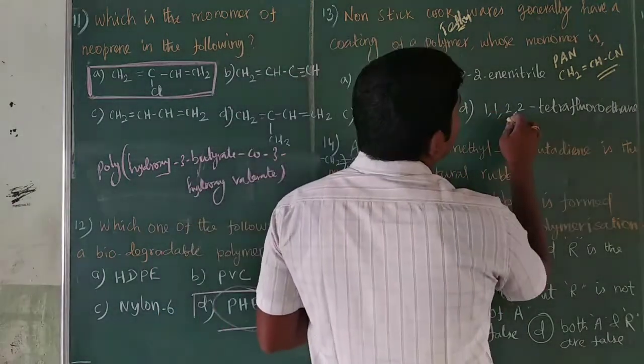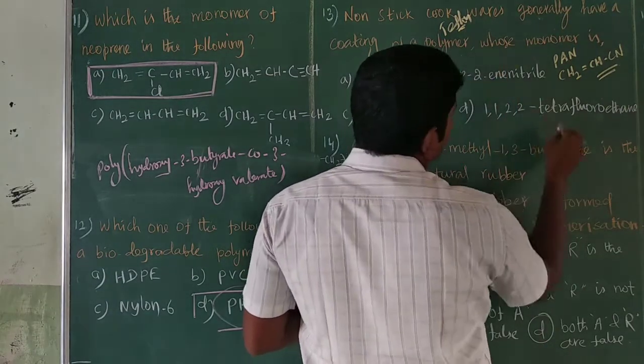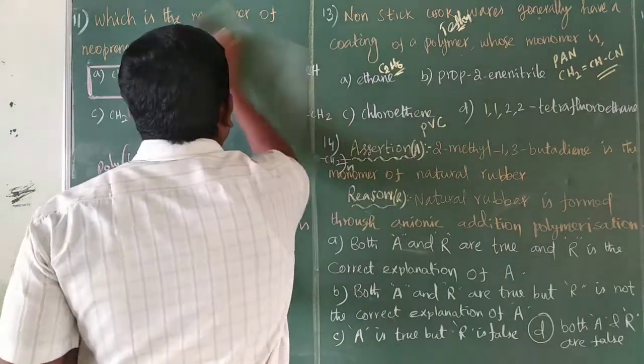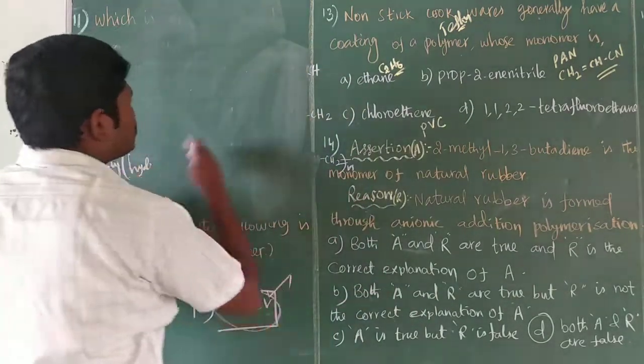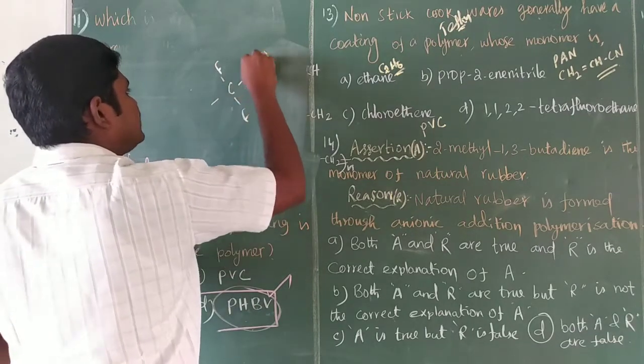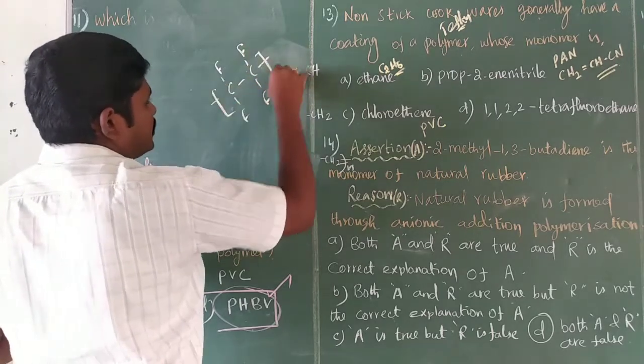The 1,1,2,2-tetrafluoroethene is the monomer of Teflon. The structure of Teflon: CF2 CF2, N times.